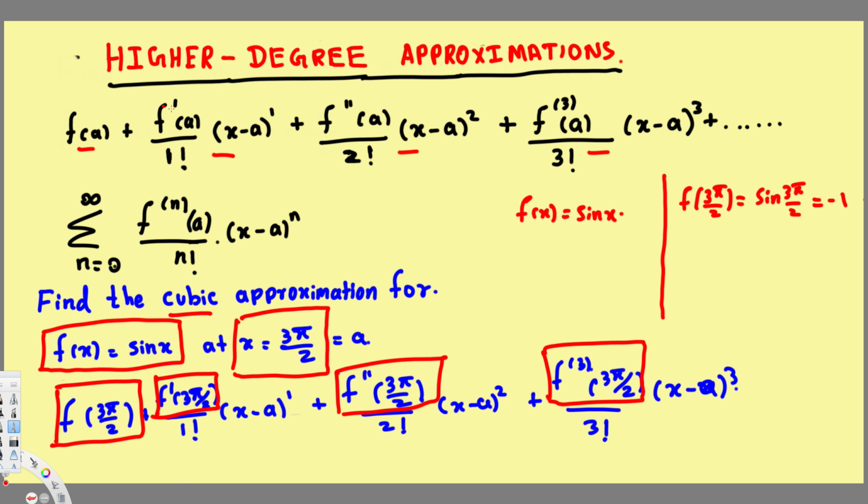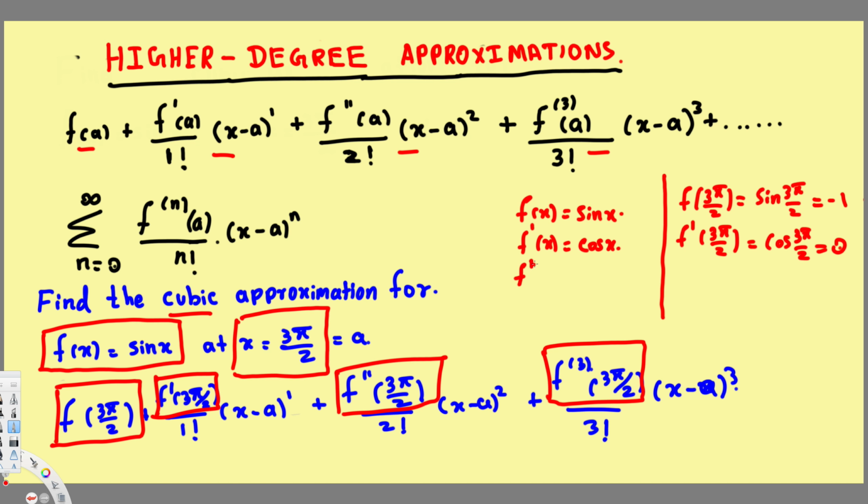Let's look at the first derivative. If you take the first derivative of sine x, that's going to be cos x. So we can put f prime(3π/2) equal to cos 3π/2, and that is equal to 0. Cos 3π/2 is 0.